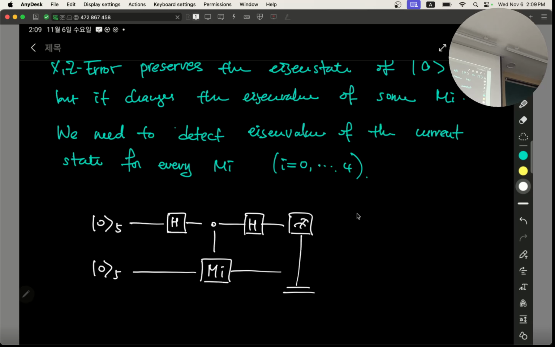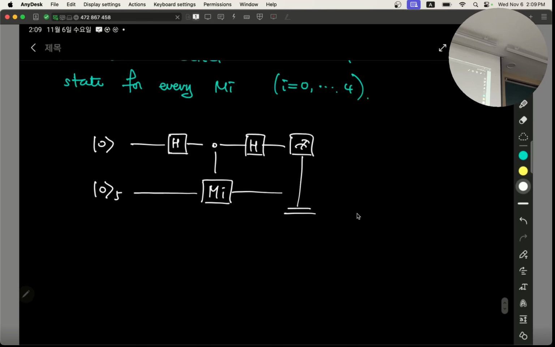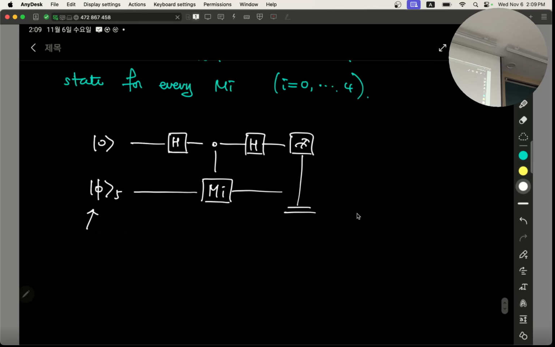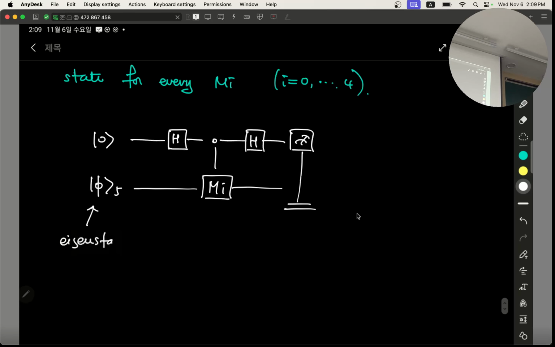Sorry, it's not 5 qubits, it's just 1 qubit here. It doesn't really matter, but it doesn't have to be 0, so let me put it phi. So phi is supposed to be an eigenstate of mi, but we don't know its eigenvalue.